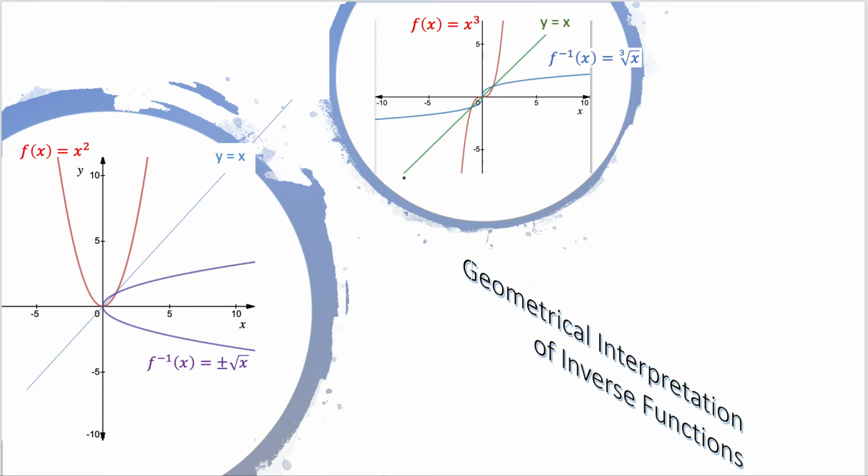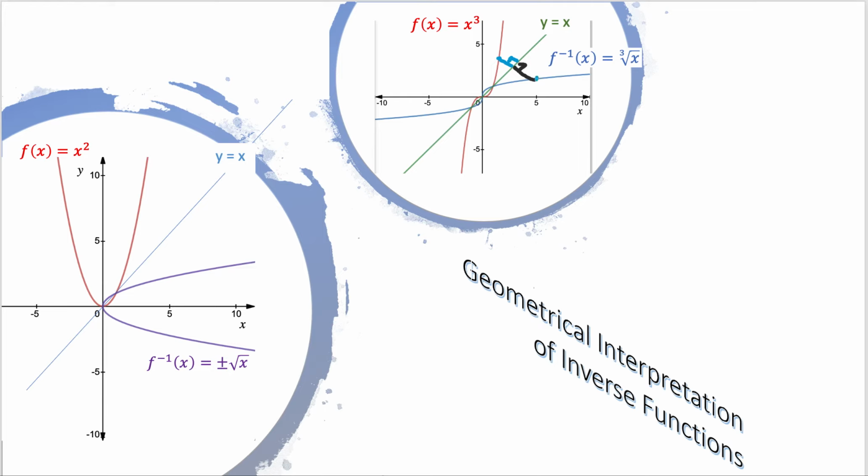Interpreting geometrically, if we draw the line y equals x, the function f of x and its inverse are symmetric with respect to the line y equals x. If I take any point here and draw a line perpendicular to the line y equals x, let me draw with a different color so we can see it a little better, and continue the same line, this segment is perpendicular to the line y equals x.